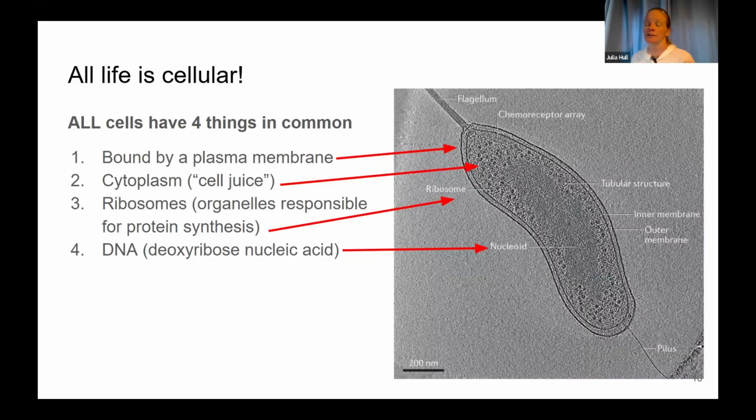Our fourth thing that all cells have is DNA, or if you want to impress your friends and be nerdy about it, you can call it deoxyribonucleic acid. Our DNA holds all the instructions to build all those proteins that we need the ribosomes for. And that's going to allow those organisms to build their survival machines, right? To build their bodies.